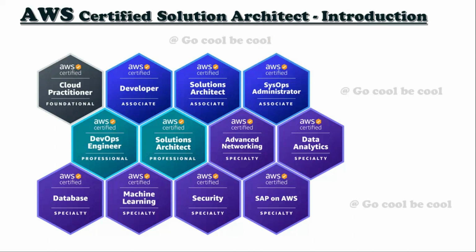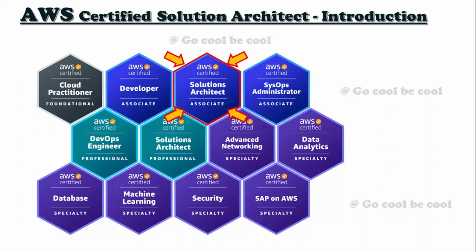The green represents DevOps Engineer and Solution Architect, and this color represents Advanced Networking and Data Analytics. These are all the specialty courses, and then Database Specialty, Machine Learning, Security, SAP on AWS. So in this course we are going to see AWS Certified Solution Architect Associate.